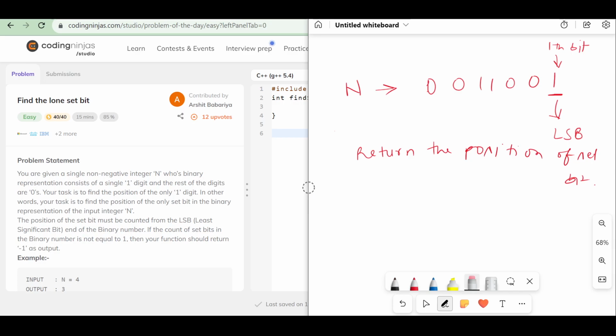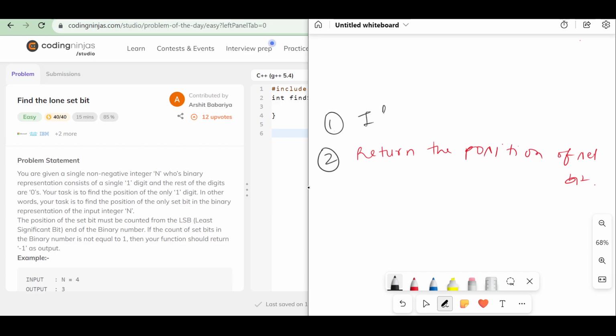Before that, we have to do one more thing, that is we have to find out if the given number has only one set bit. First we will do that.